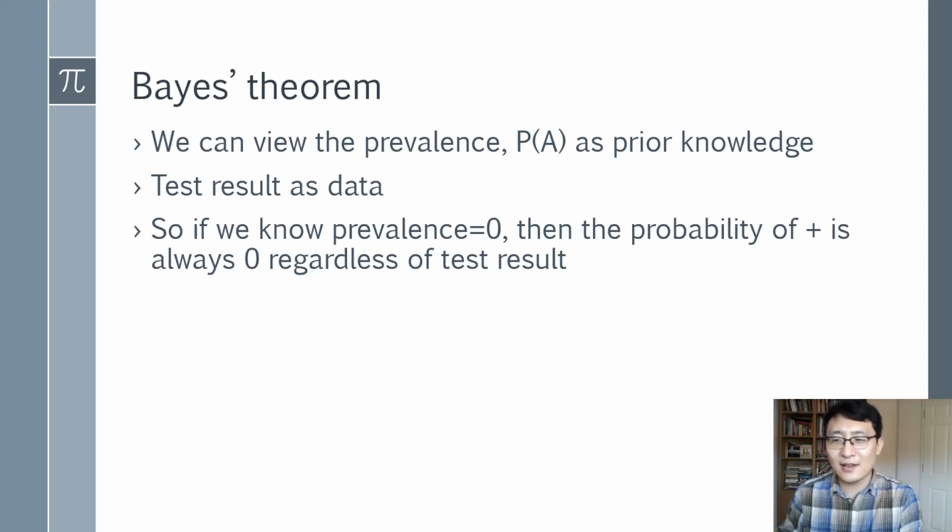If you bring the test kit to this island to test someone, then regardless of the test results, we always know that the probability of you being positive would be 0, right? So in this sense, we can view the prevalence as prior knowledge. The test results, on the other hand, can be considered as data. Then, based on this Bayes rule, we can calculate the probability of being positive given the test result is positive.